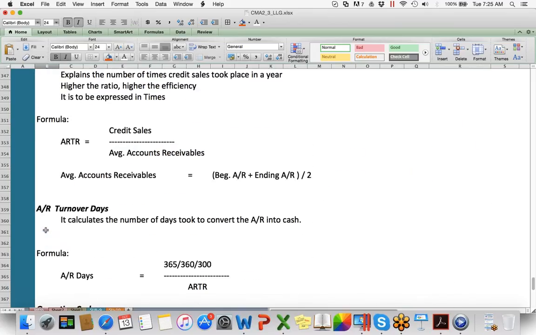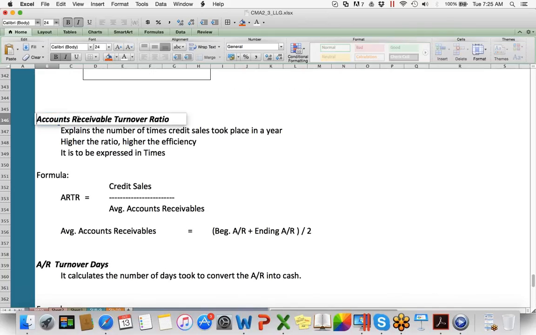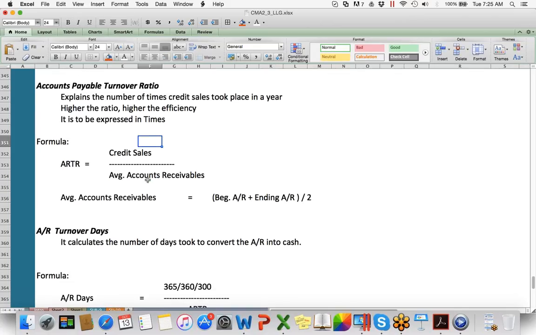Accounts payable turnover ratio will take place only when you have credit purchases. If your company has a policy to buy the goods only on cash, don't think of this ratio at all. If your company policy is not to purchase any goods on credit, only cash, then accounts payable turnover ratio will not be there.